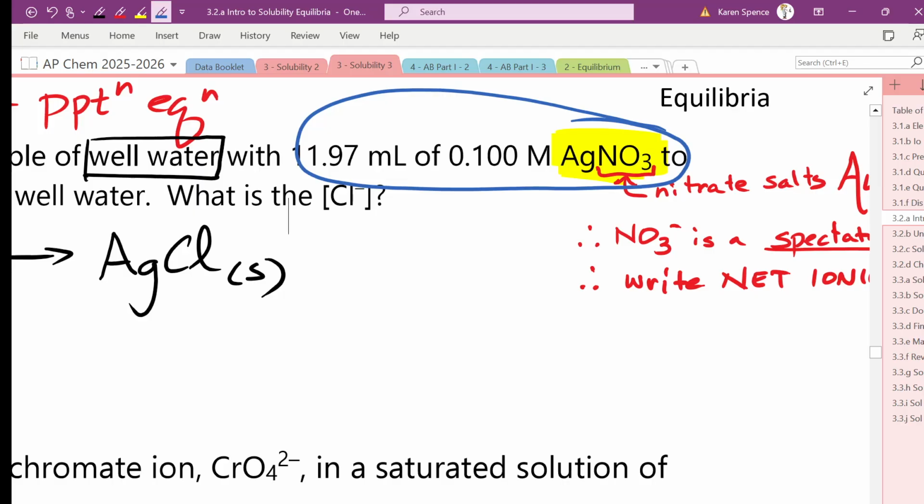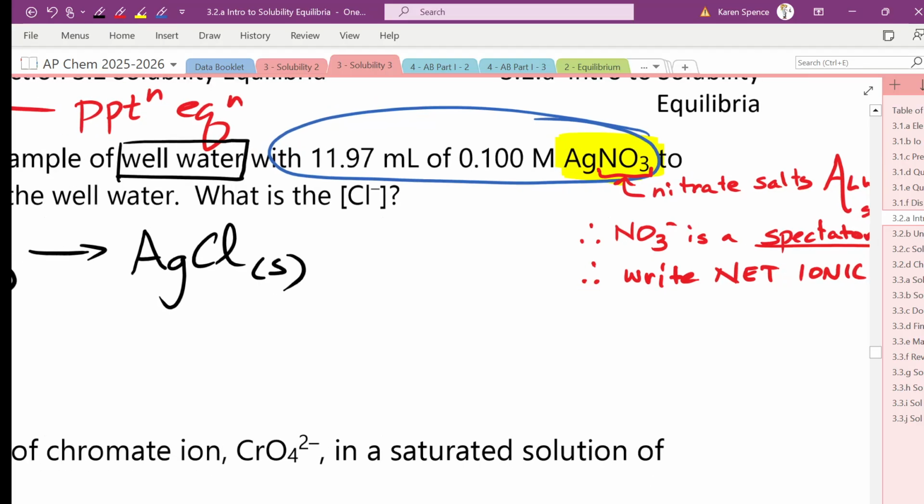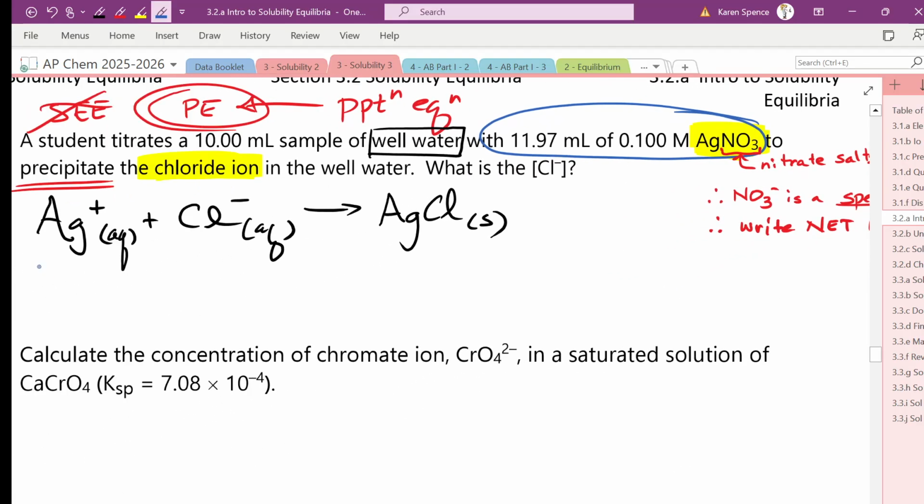We know that there are 11.97 milliliters of silver, and we know that it is 0.100 molar.